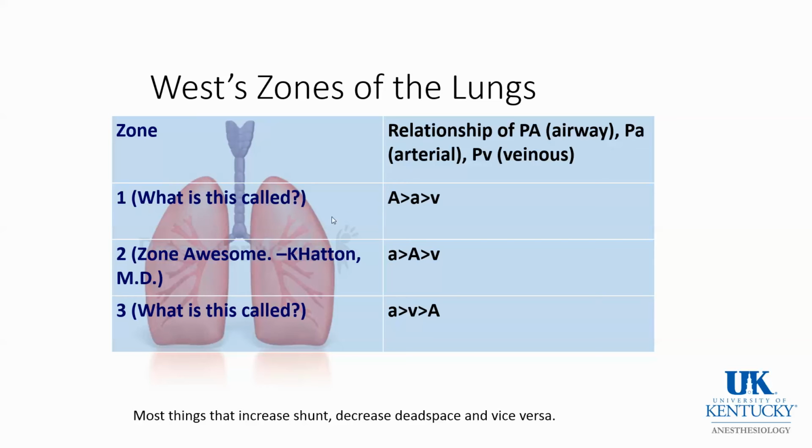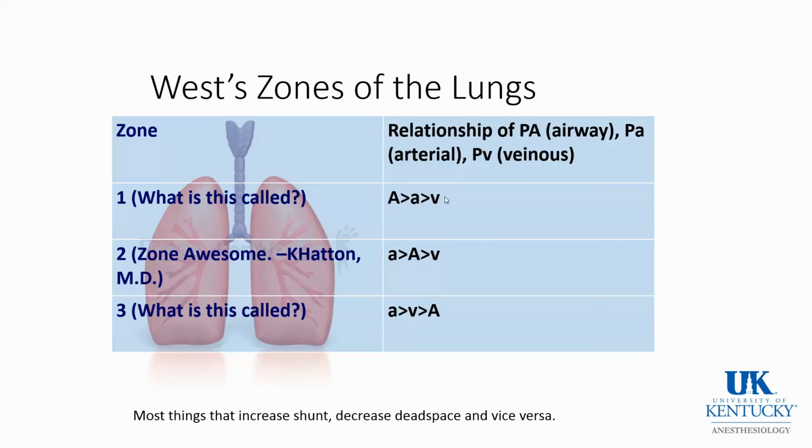In zone 1, which is the highest here, relative to gravity in an upright patient, your big A, your airway pressure, is relatively the highest. Another way to think about it is that the blood pressure is relatively the lowest. You're highest in relation to the heart, so the pressure there is going to be lower. It's the same idea as when you sit a patient up and you have to move your transducer if you're interested in the blood pressure in the head versus at the neutral position.